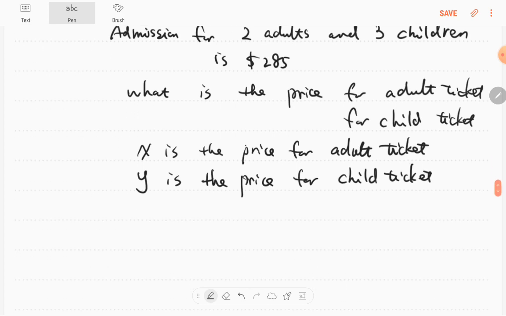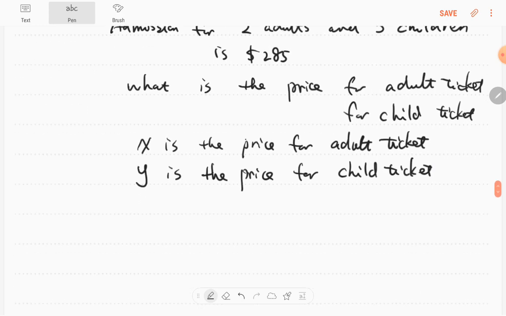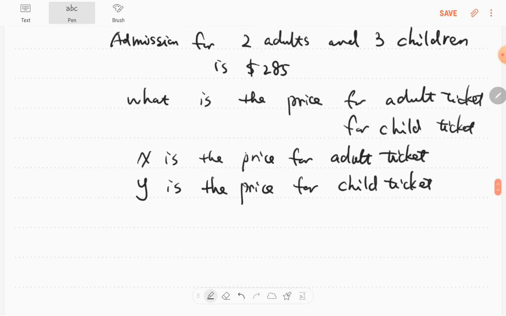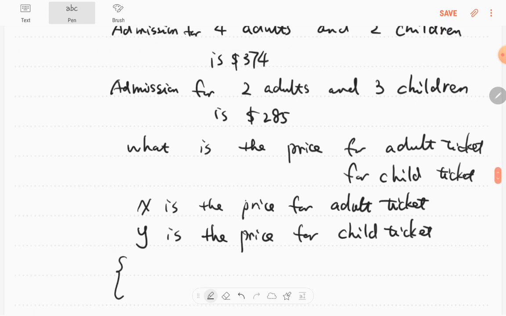So after we set what is our x, what is our y, we finish the first step. Okay, so next step we try to translate. After we translate the words into 2 equations, we will have our system. So step 2, we're gonna translate the words.